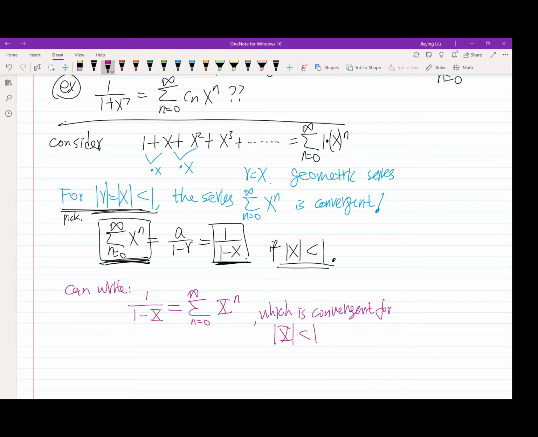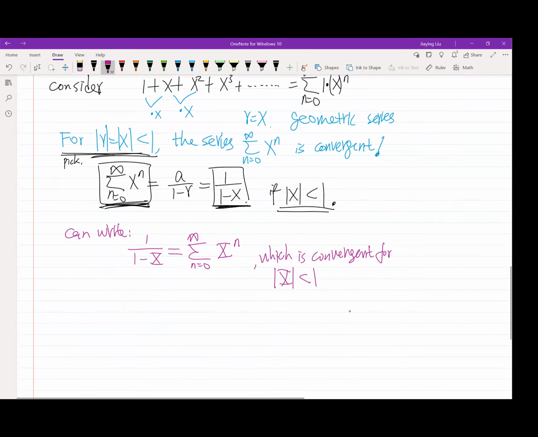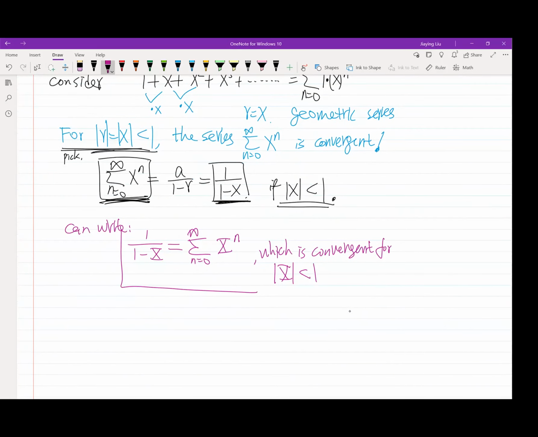That's a very important special example that we can use to find the power series of more functions of this type. But keep in mind that here we have the subtraction, which is very important to notice.